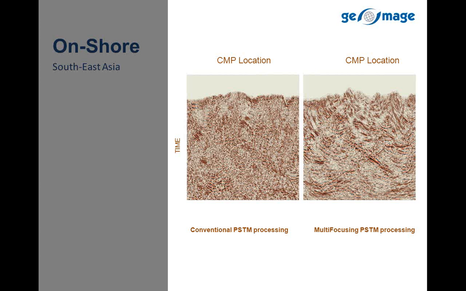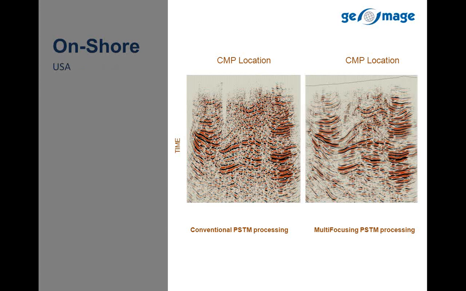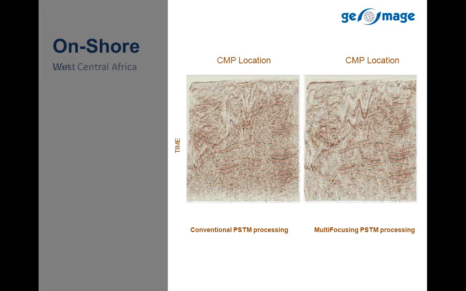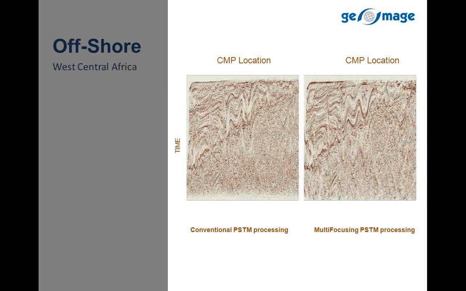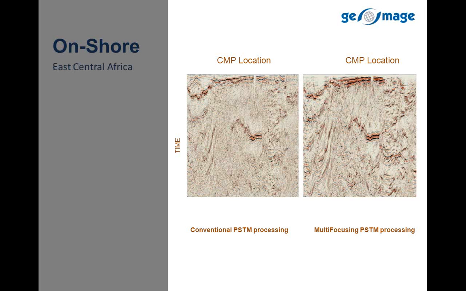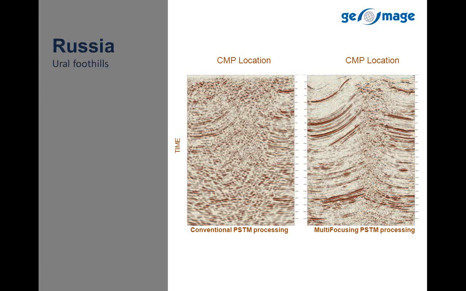Our pre-stack time migration works directly from topography, and all these three factors together give the benefit. Here you can compare the results, and there are several other examples. And always you see the improved image of the multifocusing pre-stack time migration. Sometimes it's dramatic, like in this case.